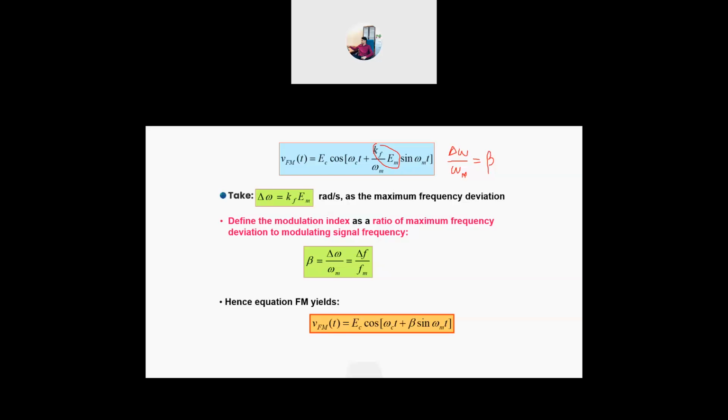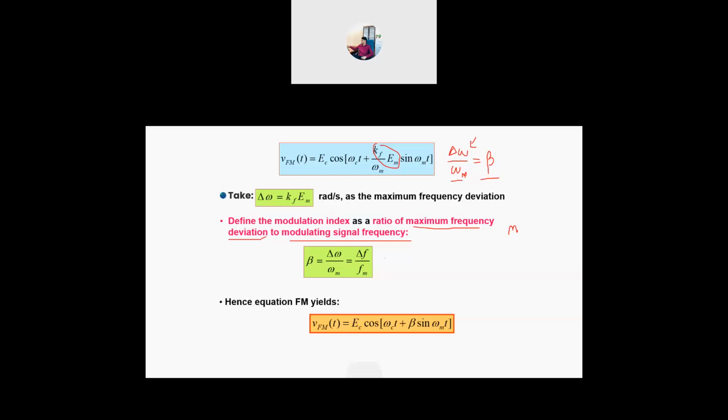The modulation index in frequency modulation uses the symbol beta, but in AM modulation we use m as the modulation index. So we define the modulation index as the ratio of maximum frequency deviation over the modulating signal frequency, which is omega m.